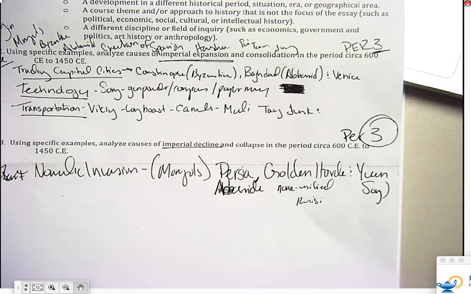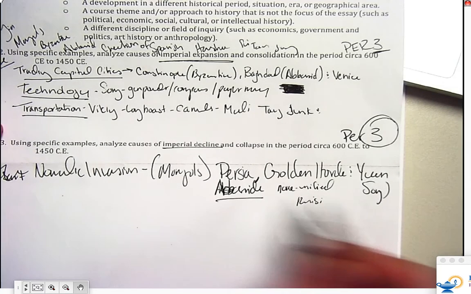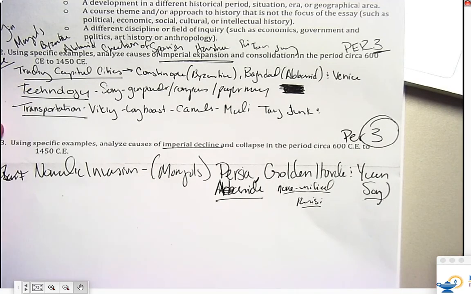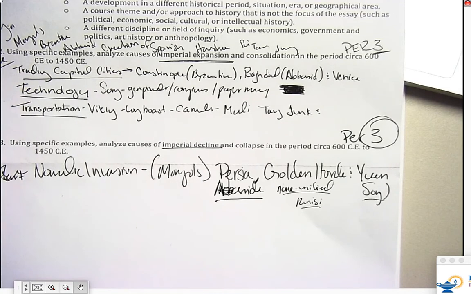It says imperial decline means the fall of the empire. So you would be talking about the Abbasid decline, the non-unified Russia, and the Song in regards to how the Mongols did it. Yeah, so you're kind of putting the Mongols at center stage. No, that's just how I organize it. Alright, so nomadic invasion, what else could you write about?